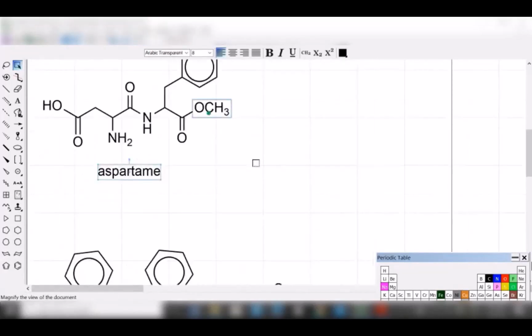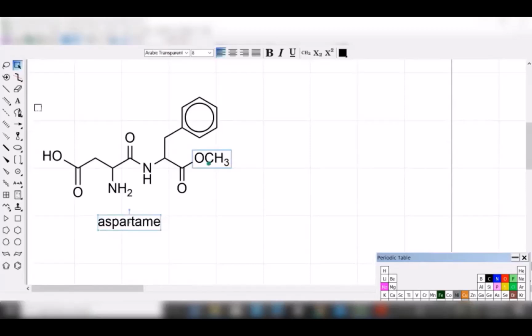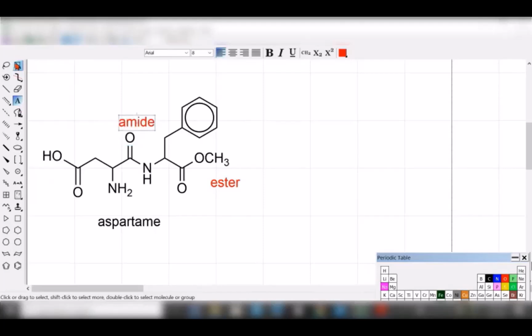I'm sure you can easily tell me what the functional groups are besides the phenol ring. What do you have here? Ester, right? COO. So this is an ester. What do you have here? CONH. So this is an amide.